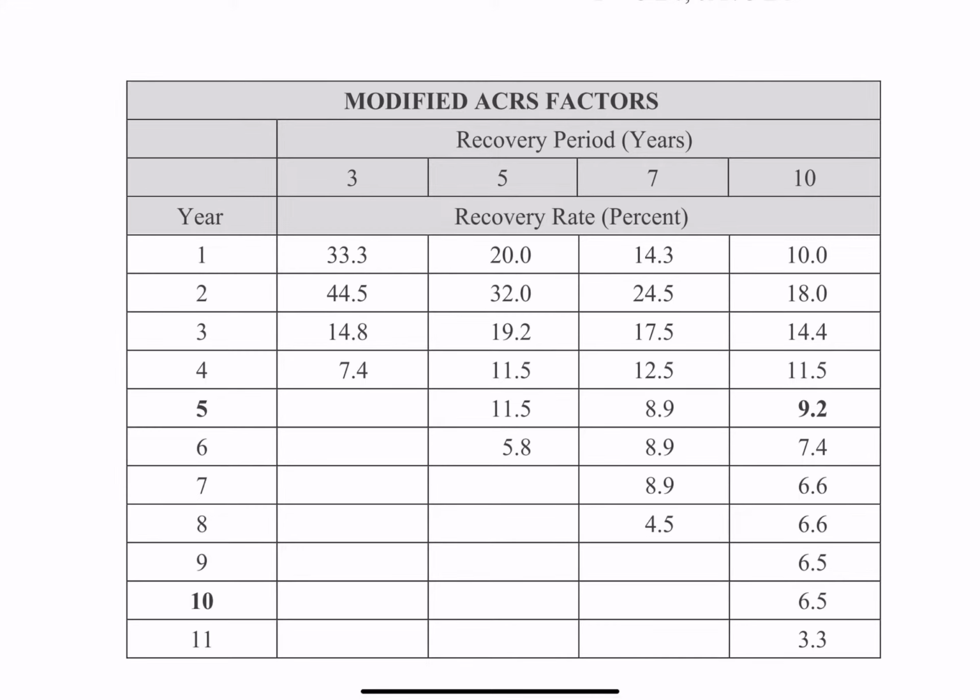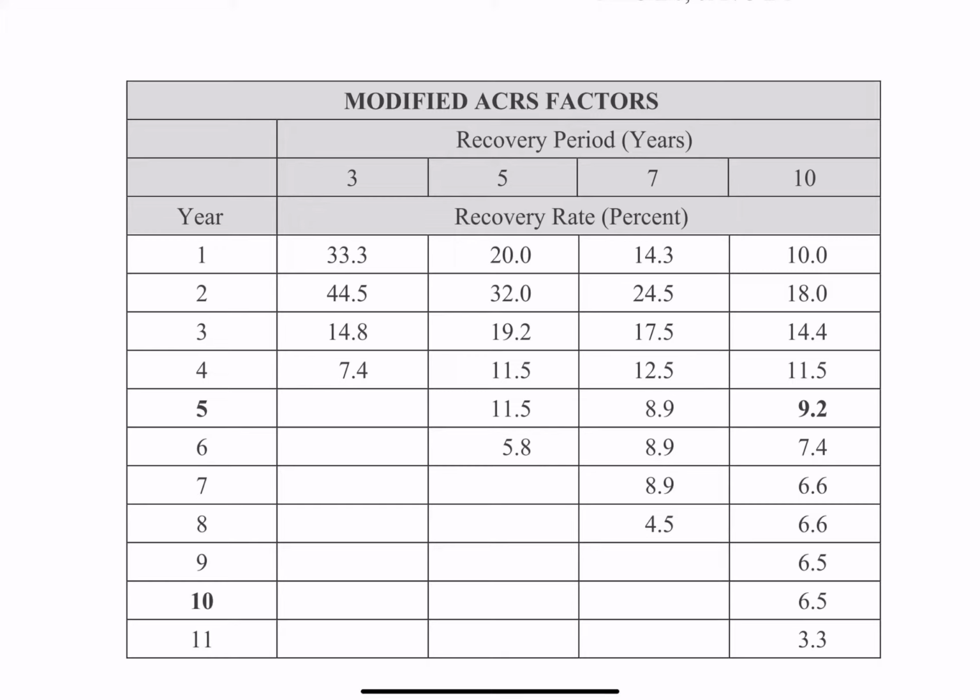Year number 2, 44.5%. And you may wonder, the recovery period is 3 years, however you have the first year, the second year, the third year, and the fourth year, 7.4%. Why is the recovery period only 3 years? It basically goes back to the half-year convention that we discussed earlier in this class, in the first lesson video.